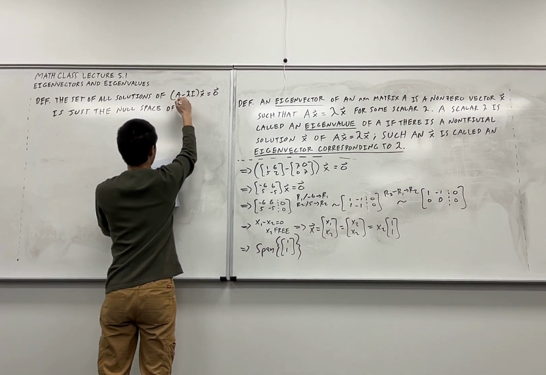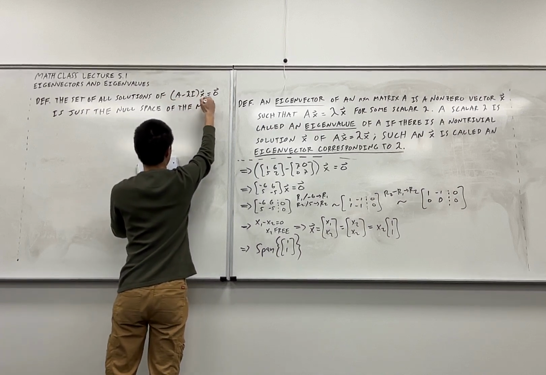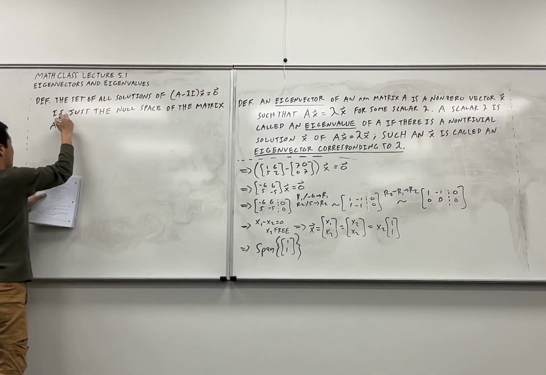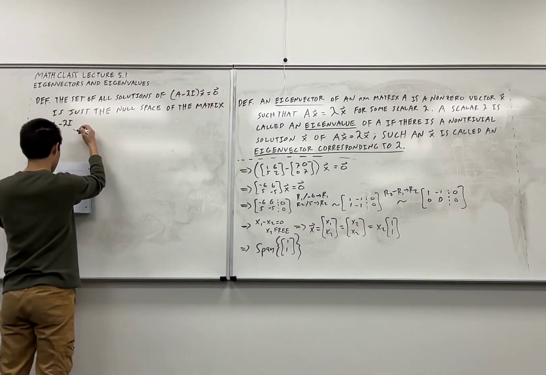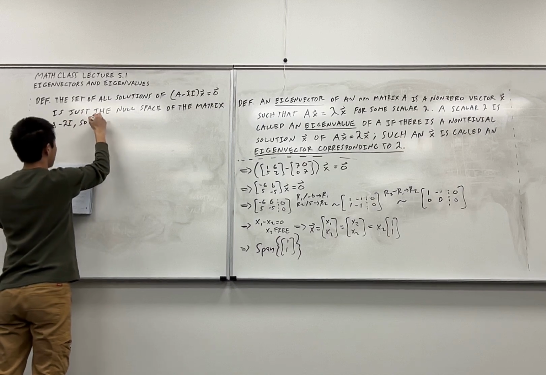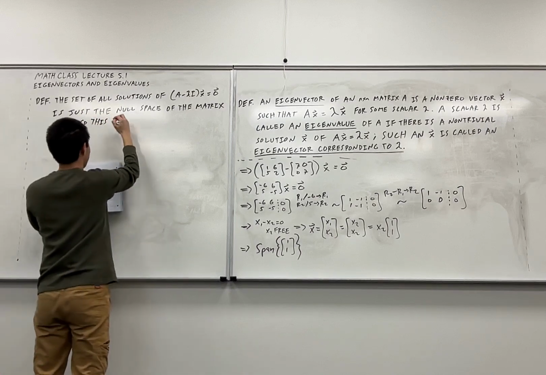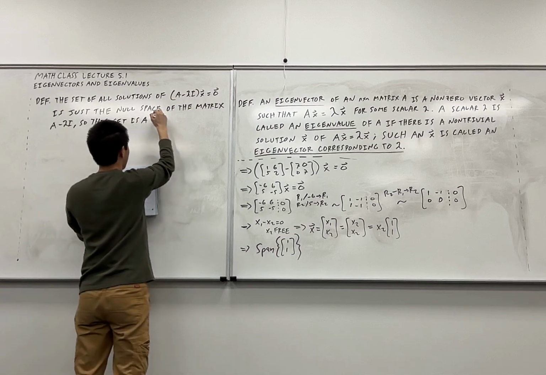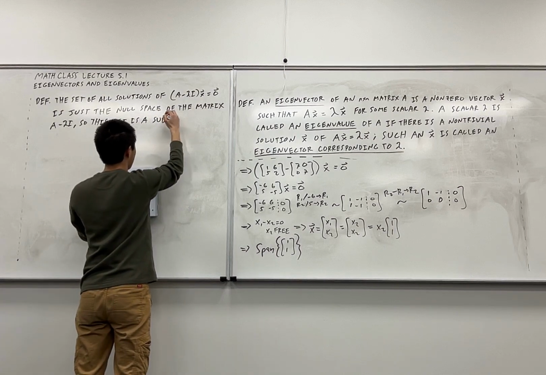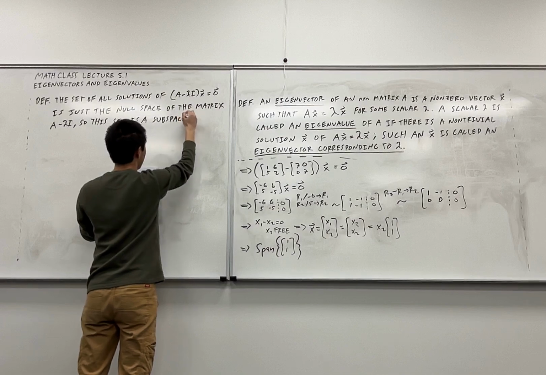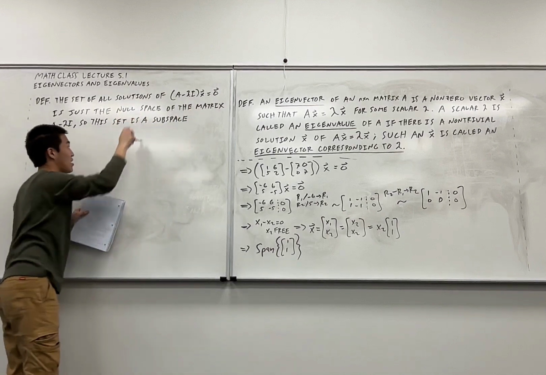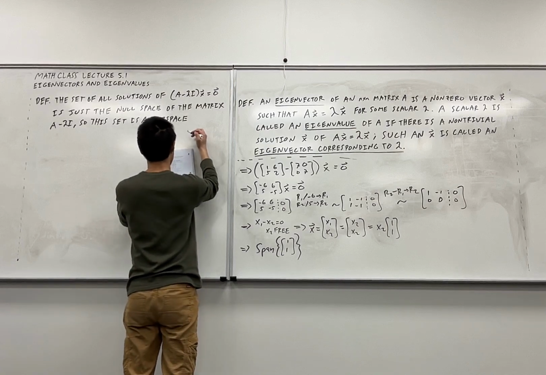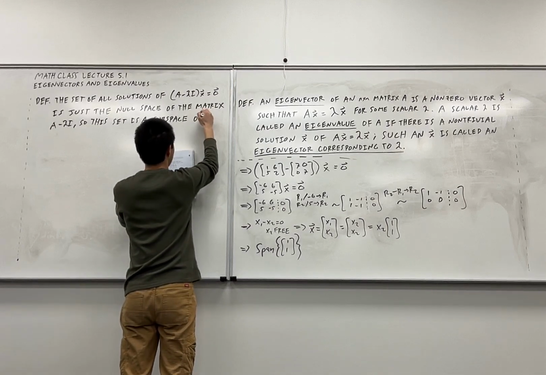Of the matrix A minus lambda I. So this set is a subspace. Why do I know that it's a subspace? What did we take the time to prove about null spaces in general? All null spaces are subspaces. So of course this one also is a subspace of Rn.